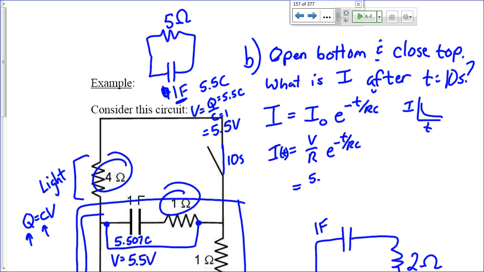It's 5.5 volts over my resistance, which is 5 ohms, e to the minus t, which is 10 seconds, over the RC, which is 5 ohms times 1 farad. So it's e to the minus 2. So that's 0.149.